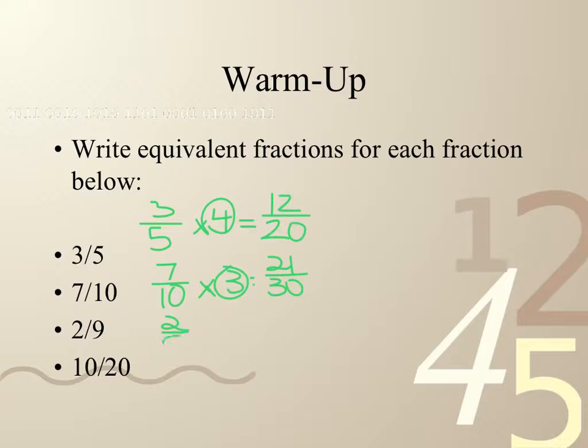For 2/9, I'm going to choose a multiplier of 10, which gives me 20/90, equivalent to 2/9. And for 10/20, since this is the first one that I can actually divide, I am going to choose a divisor of 5. 10 divided by 5 is 2, and 20 divided by 5 is 4. So one equivalent fraction to 10/20 is 2/4.